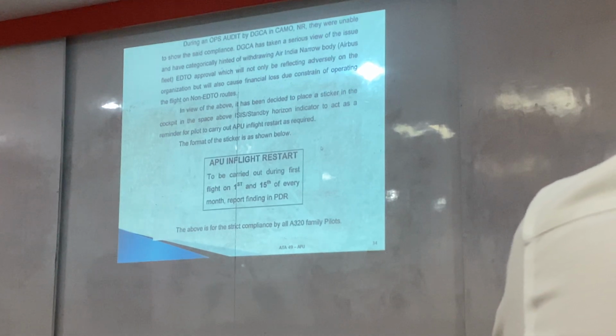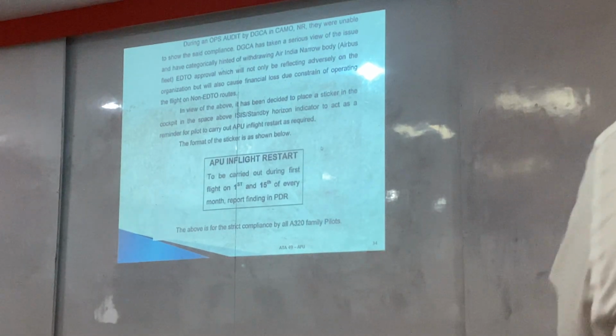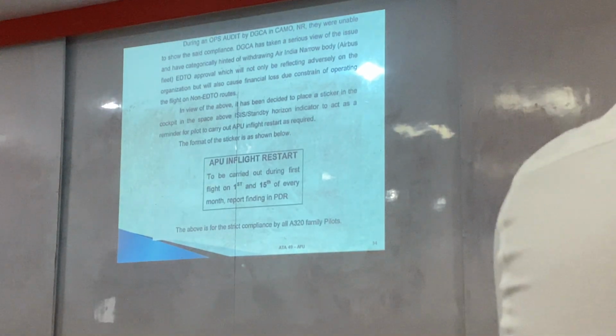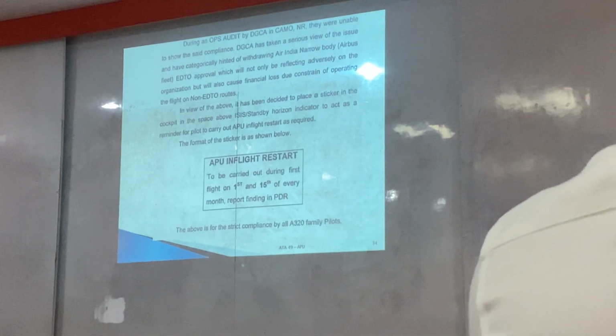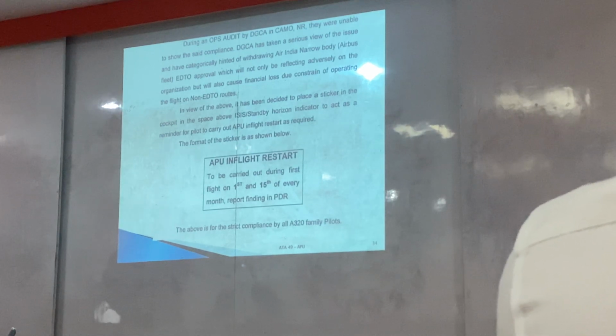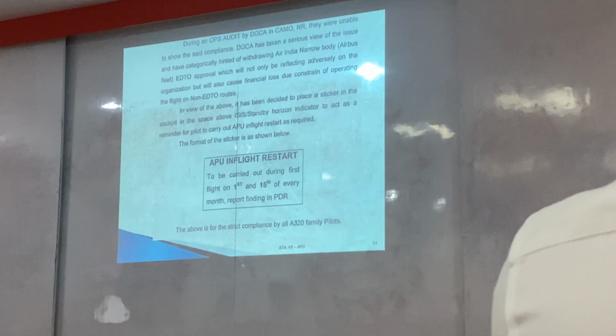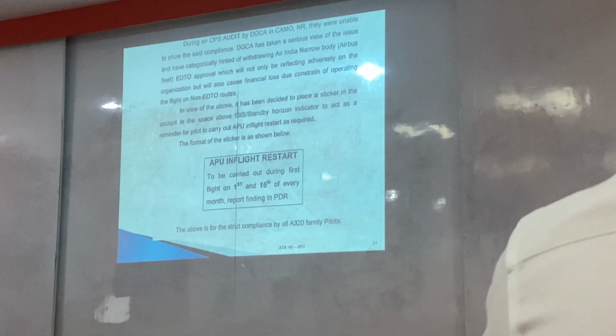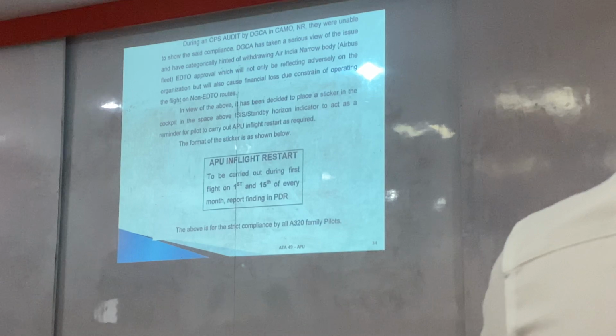Third page in this circular says that during an ops audit by DGCA in CAMO, Northern region, they were unable to show the said compliance. DGCA has taken a serious view of the issue and has categorically hinted at Airbus withdrawing Air India narrow body Airbus fleet EDTO approval, which will not only reflect adversely on the organization but will also cause financial loss due to the cost of operating flights on non-EDTO routes.